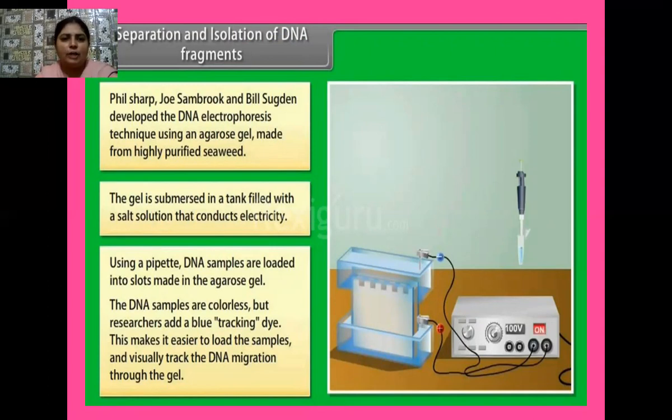And later on, for constructing your recombinant DNA, as you know, sticky ends are created in the alien DNA as well as the plasmid DNA when it is cut by the same restriction endonuclease. Then we add the DNA ligase enzyme to the suspension. This DNA ligase enzyme seals the sticky ends of both plasmid and alien DNA, and in this way we construct our recombinant DNA.